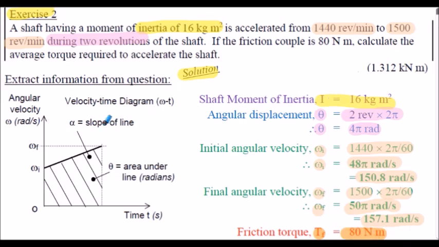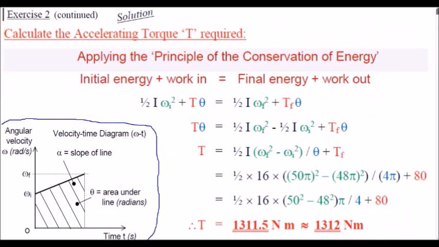As always, I will sketch a velocity time diagram. On the vertical axis now I have my initial angular velocity, and that's 48 pi radians per second. And the final angular velocity, that's 50 pi radians per second. Exercise 2 solution continued here. We're calculating the accelerating torque T as required to increase the speed of the shaft.